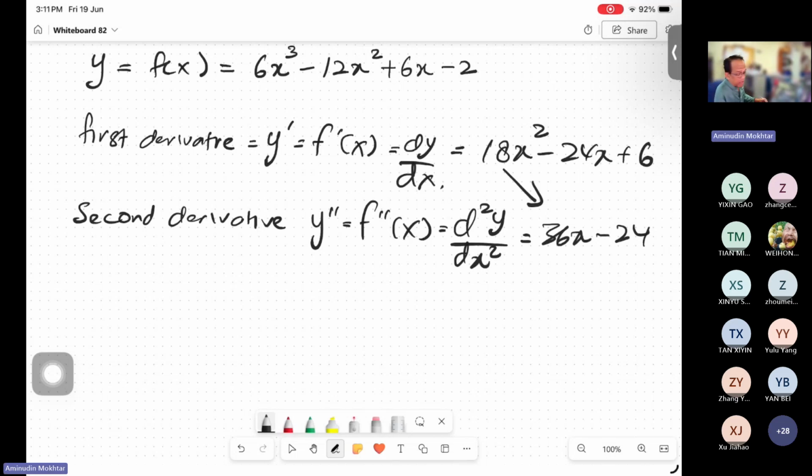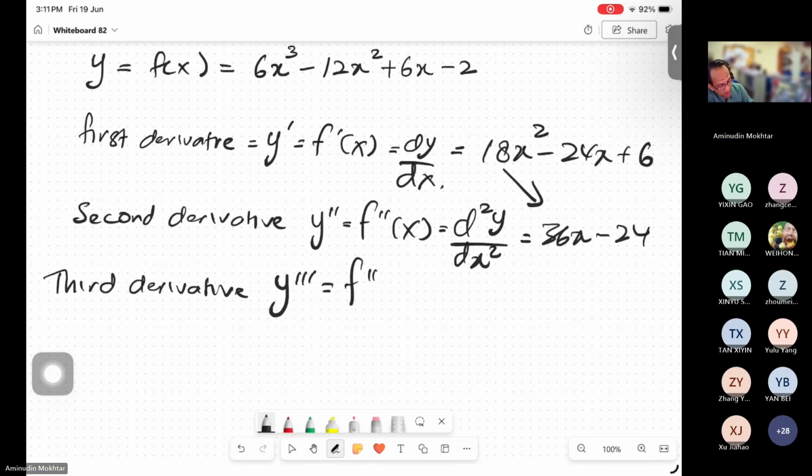And so on. We can also find the third derivative, pembezaan darjah ketiga. It's y triple prime or f triple prime x or d to the power of 3 y over dx to the power of 3.